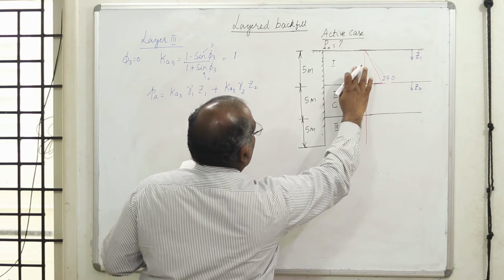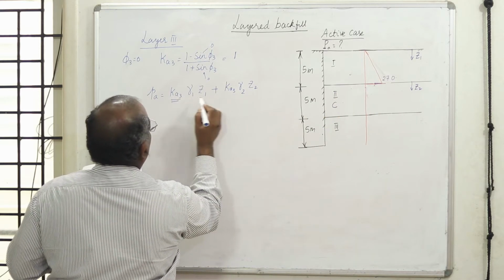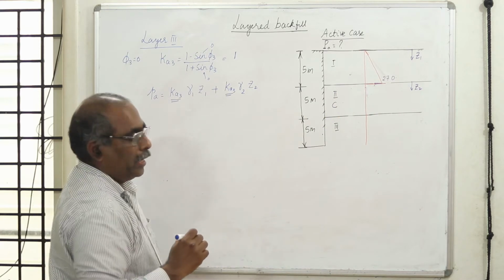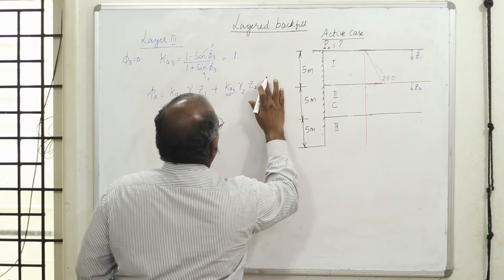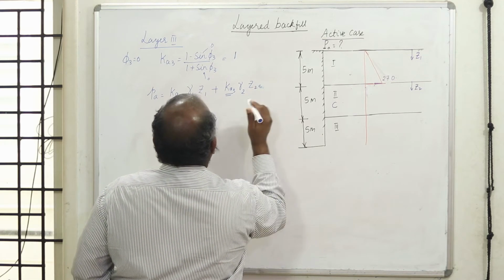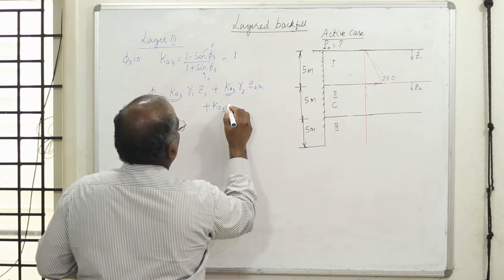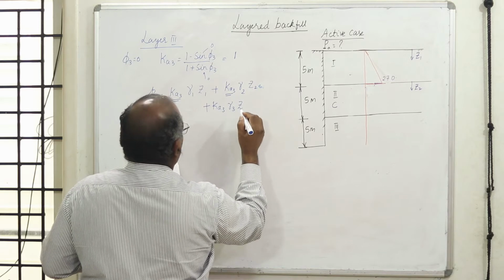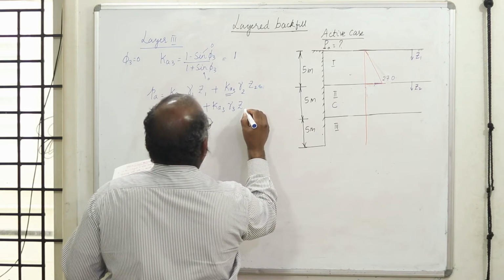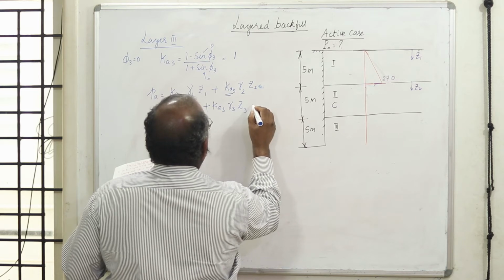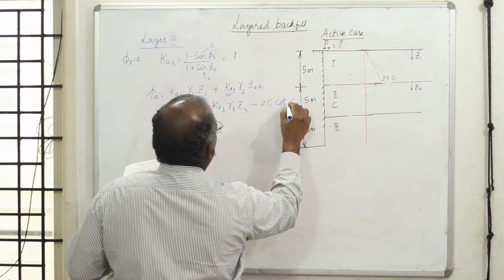For the first layer Z1, second layer Z2, but the only thing is you need to use K3 instead of K1 or K2, plus K3 into gamma 3 into Z3 minus 2C cot alpha.